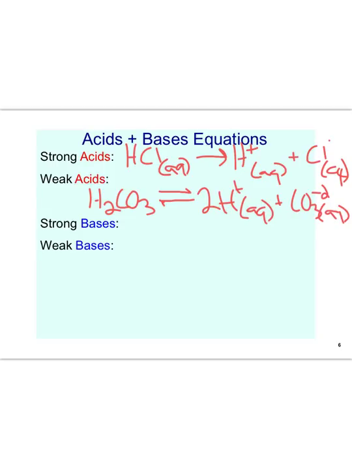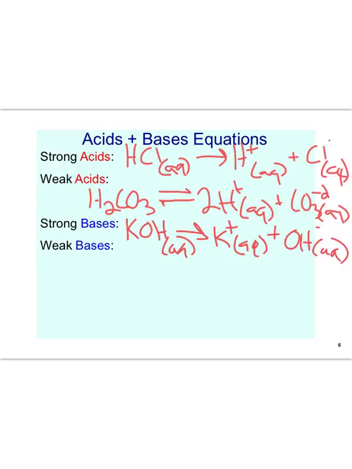A great example of a strong base that you've worked with would be potassium hydroxide. Again, we're going to use that single arrow to indicate that this is going to produce potassium ions, and it's also going to dissociate, that is, almost completely break apart into those hydroxides. A weak base, on the other hand, looks a little different.